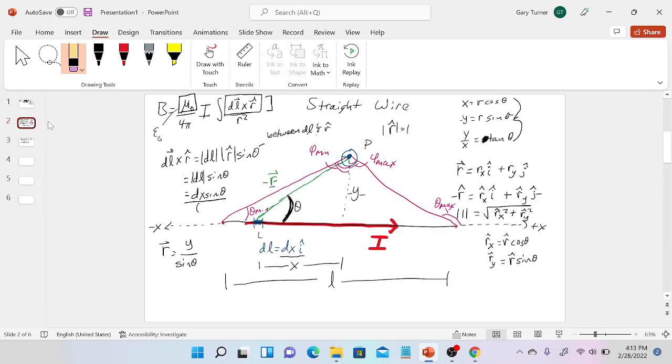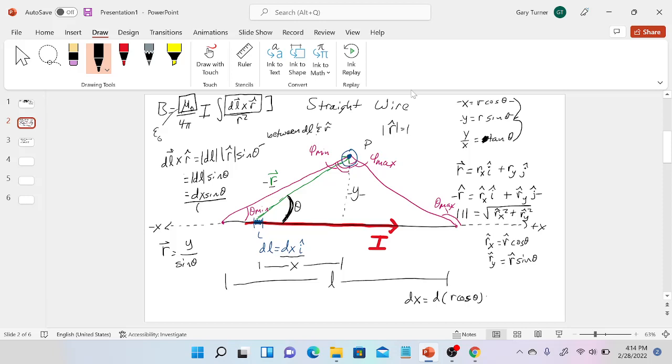Well, again, the dx I want to find in terms of things that aren't going to contain x's anymore. So if I use x equals r cos theta, then I could say that dx is equal to d of r cos theta. But notice that as I sweep my angle across my wire, the value of r is going to change, as is the value of theta.